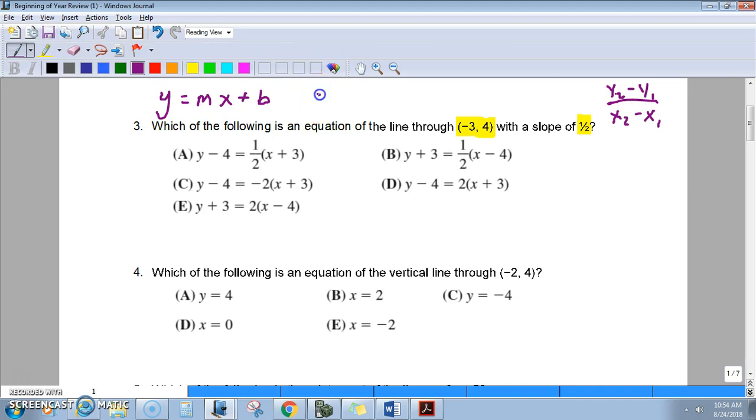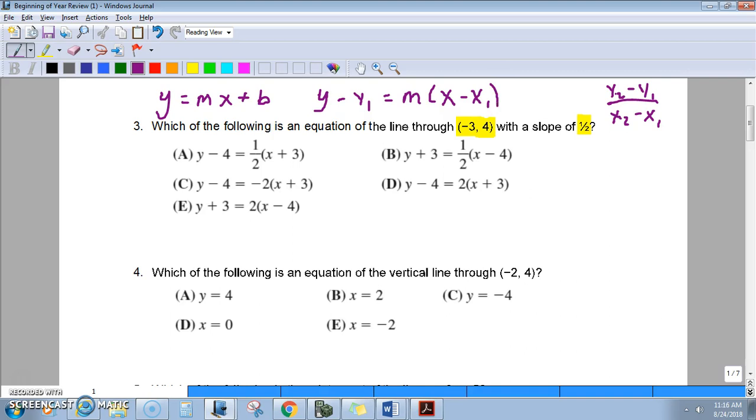So where you're going to see this in the point slope form is that it's going to be y minus y1 on this side is equal to the slope times x minus x1 on this side.